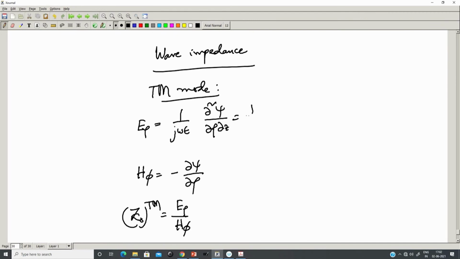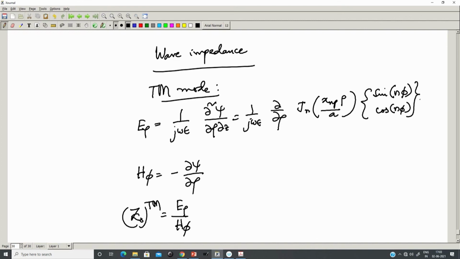So, if you do this, this becomes 1 by j omega epsilon del by del rho of Jn(x np rho by a) sin n phi, cos n phi, minus j kz, e to the power minus j kz z.